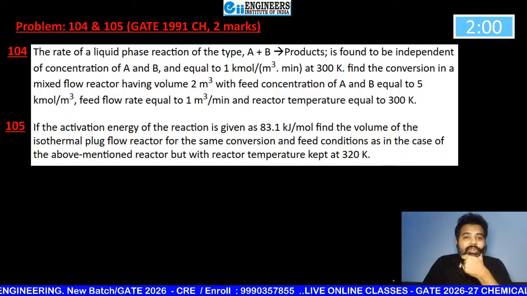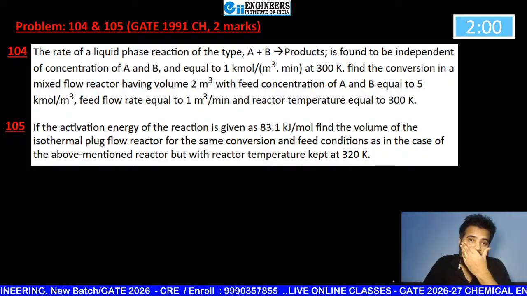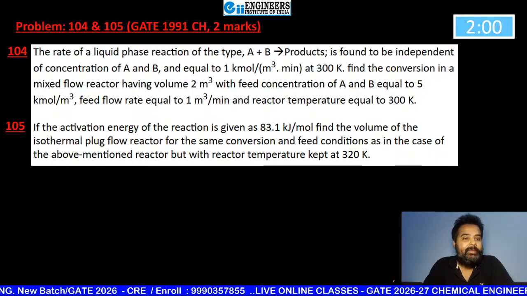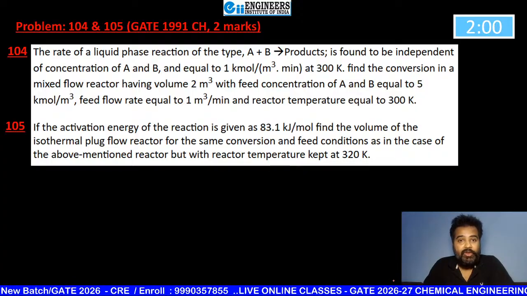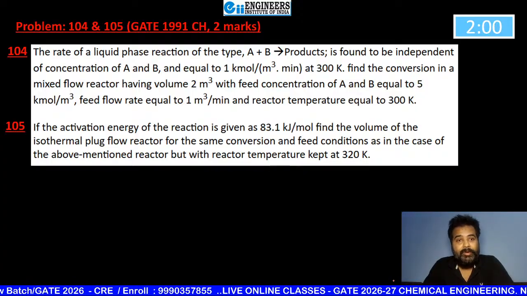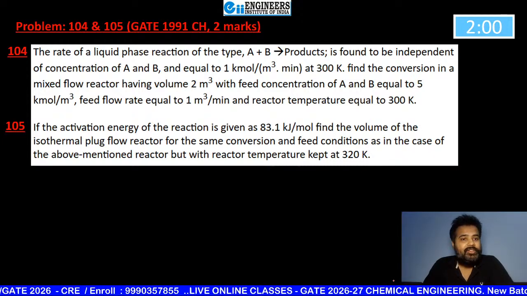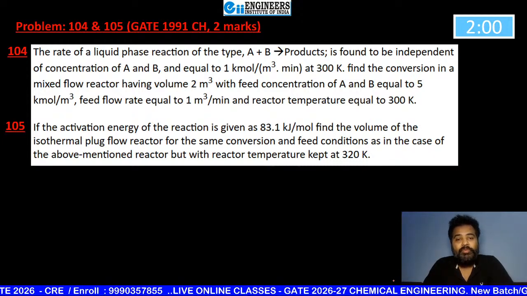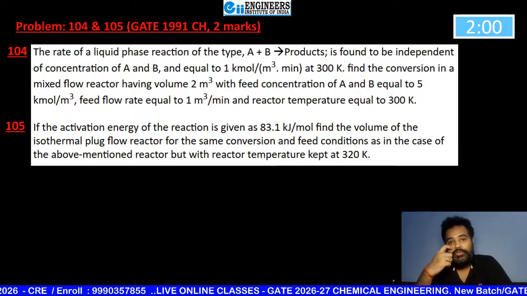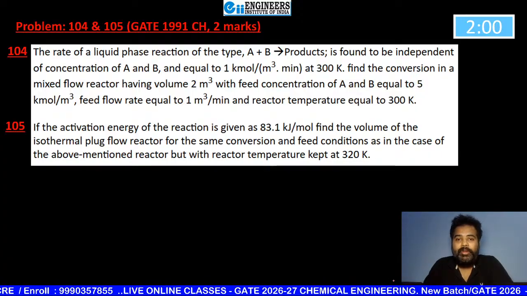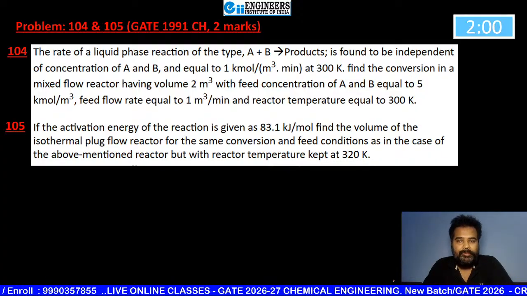In 1991, the rate of a liquid phase reaction of the type A plus B forming product is found to be independent of concentration of A and B and equal to 1 kilomole per meter cube per minute at 300 Kelvin. Find the conversion in the mixed flow reactor having volume 2 meter cube with feed concentration of A and B equals to 5 kilomole per meter cube, feed flow rate equals to 1 meter cube per minute, and reactor temperature equal to 300 Kelvin.